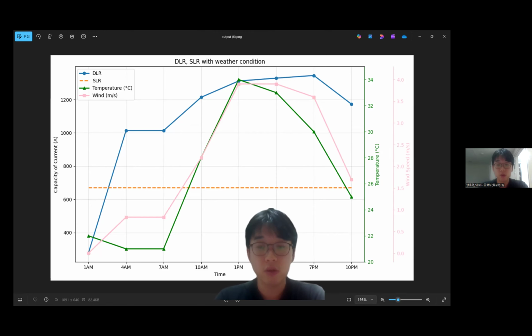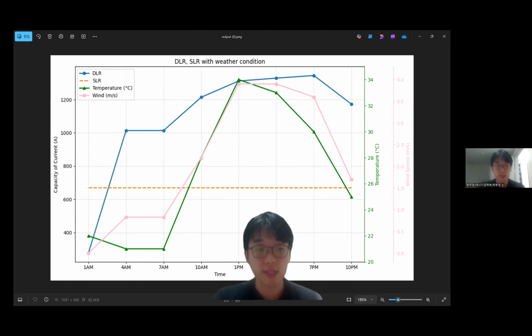In total, we can see that DLR is more efficient than SLR, and wind is the most important component of DLR. However, can we say that DLR is better than SLR? In a power plant, the lowest capacity is most important.